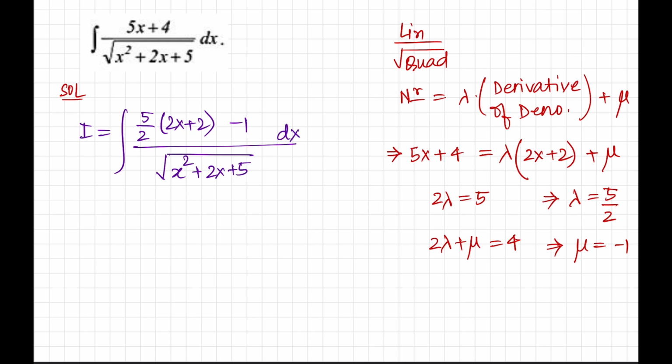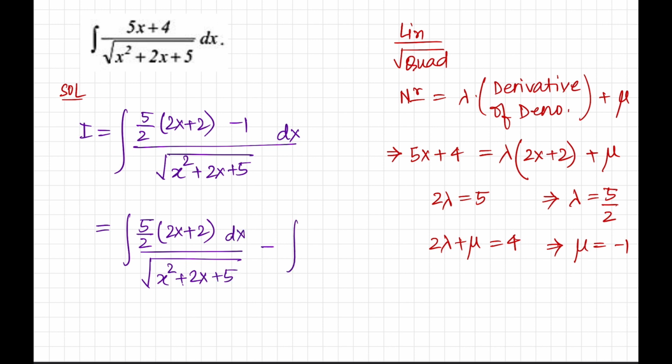So we will split the numerator. So in the first term we get integral of 5/2 into 2x plus 2 upon under root of x square plus 2x plus 5 into dx minus integral of 1 over under root of x square plus 2x plus 5, and here we have dx.